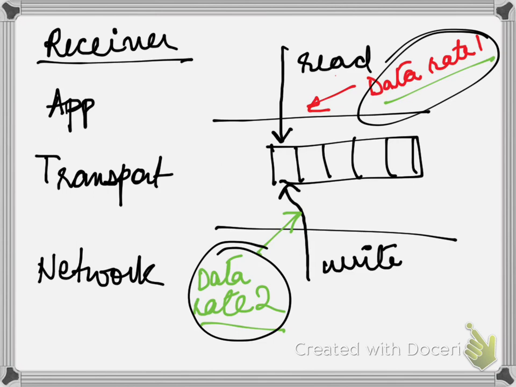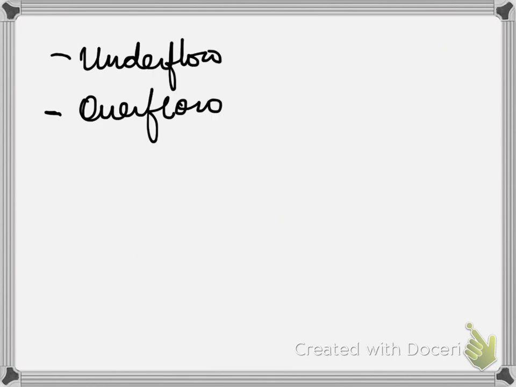So the network layer may find that all the slots in the buffer are filled up, so it cannot write that segment anywhere. There is no space to write in the buffer. So what will happen? This can lead to loss of data. The packets will be dropped. And if there is loss of data, then there is definitely a problem. So we have to see if we can find a solution for this.